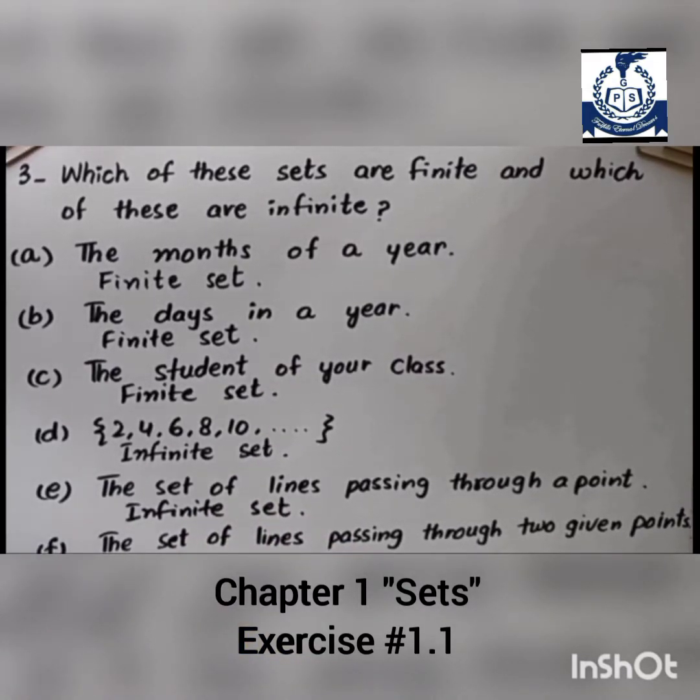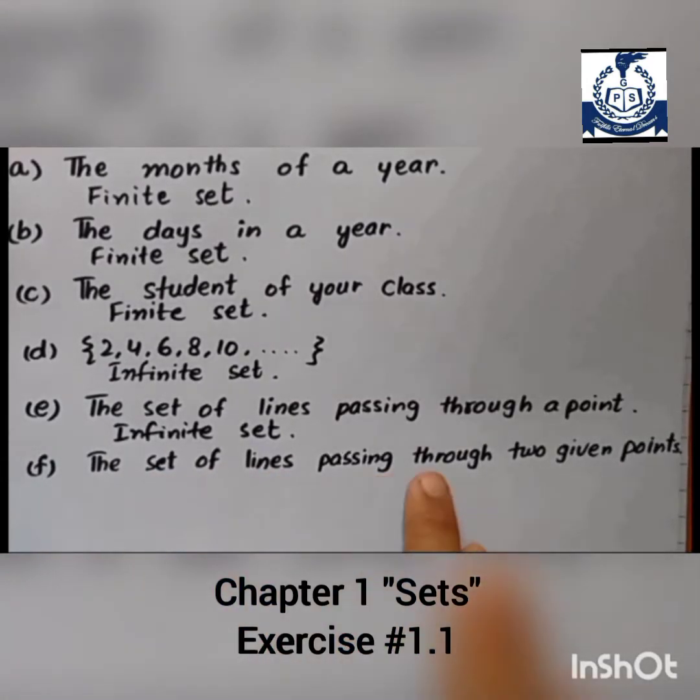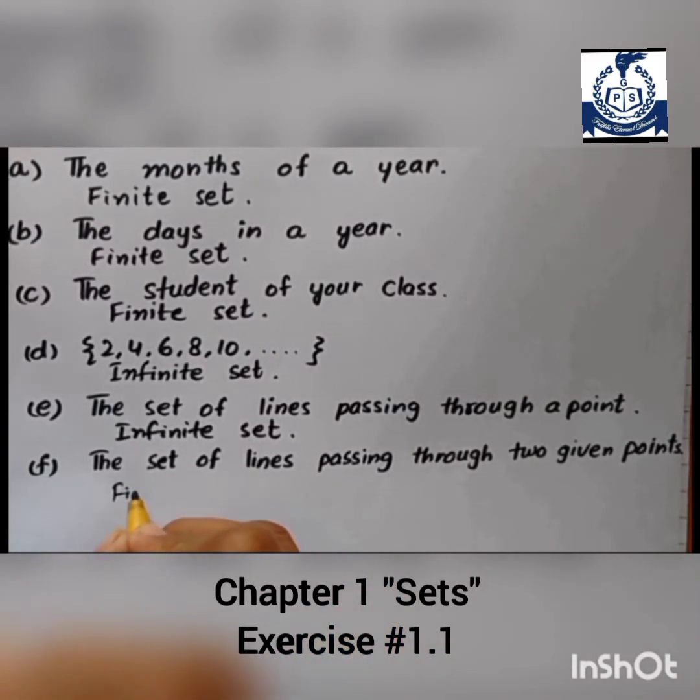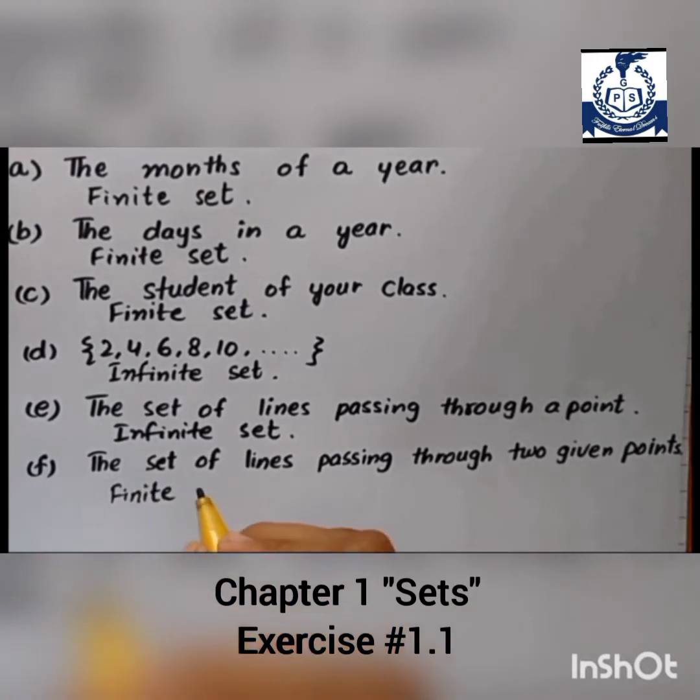Part number F, the set of lines passing through two given points. So the difference in part number E and F is we know the lines passing through two given points, meaning point A and point B, we know the limits of a point, so this is finite set of lines passing through point A to B, so this is finite set.